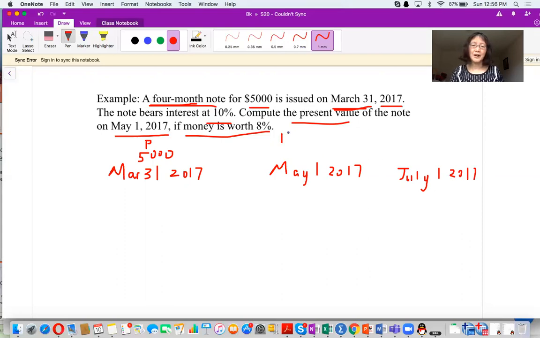It is 122 days. You can use the Excel function days to calculate. Put in the two dates and do the subtraction.